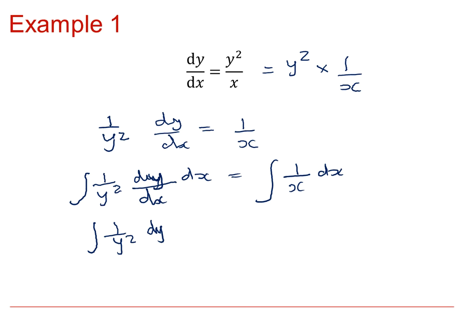Thus we can write that the integral gives minus 1 over y equals log of x plus c. Rearranging this, we would find that y equals 1 over k minus natural log of x.